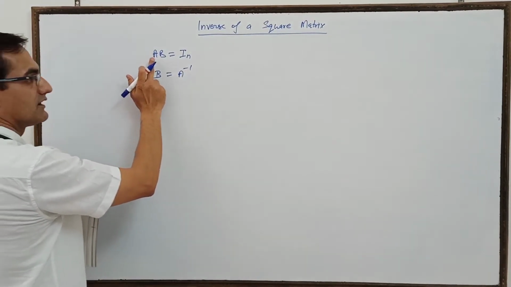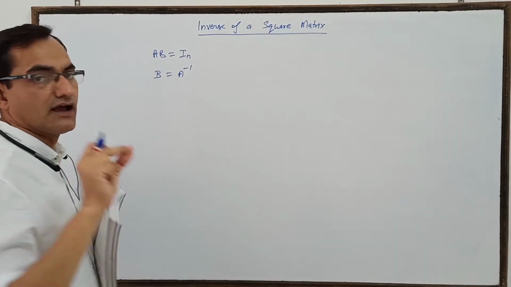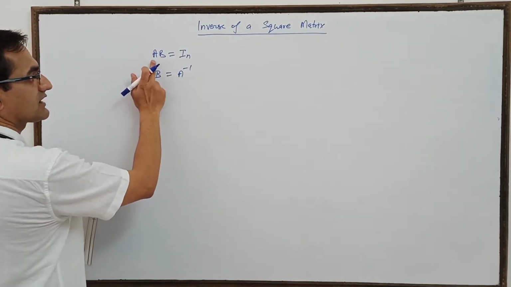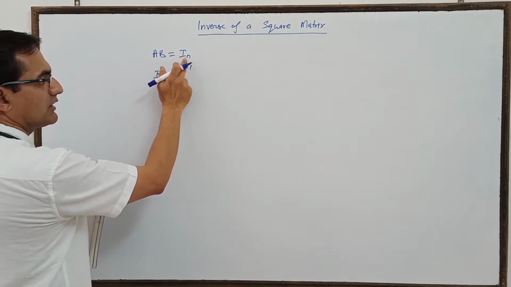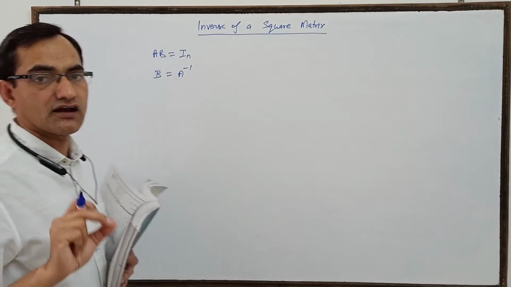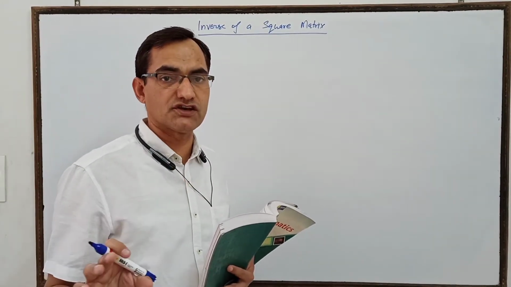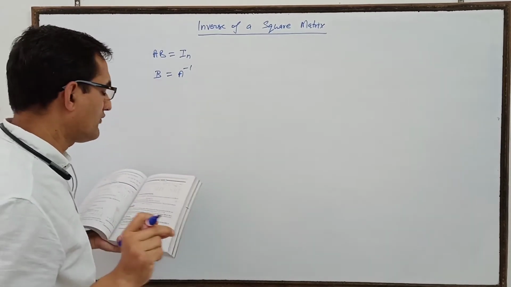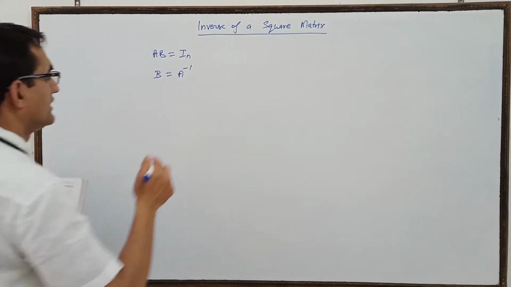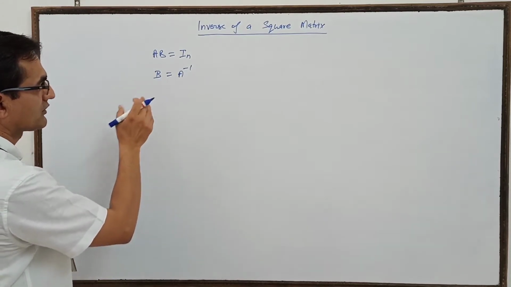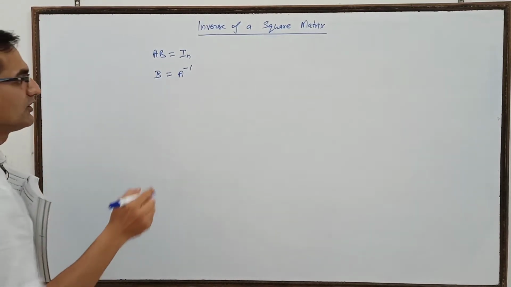Again, if A is an n-row square matrix and it is given that AB is equal to the identity matrix of order n, then A and B are inverses of each other, and you can write B is equal to inverse of A. Now, let's write a few formulas related to it.